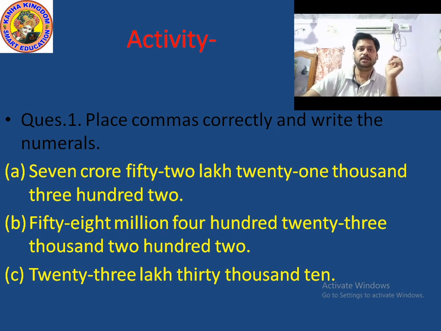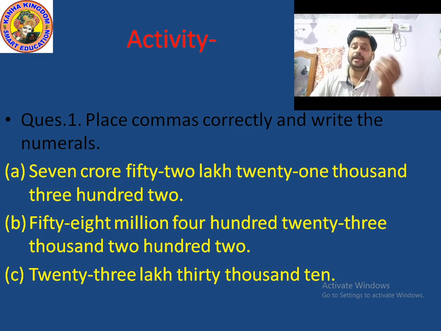The third part is 23 lakhs 30,010. Once again, 23 lakhs 30,010. In this question, which period is this? Indian period. And in the Indian period, in this question, how many periods are shown here?